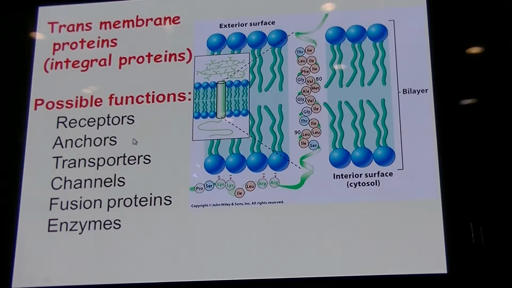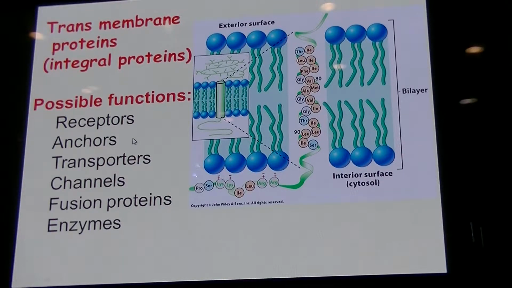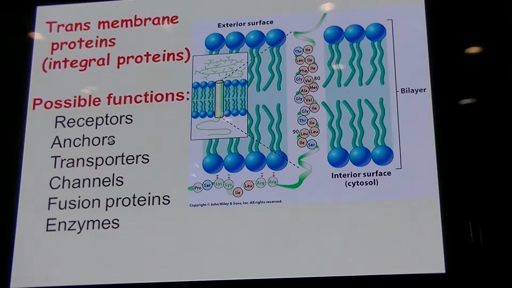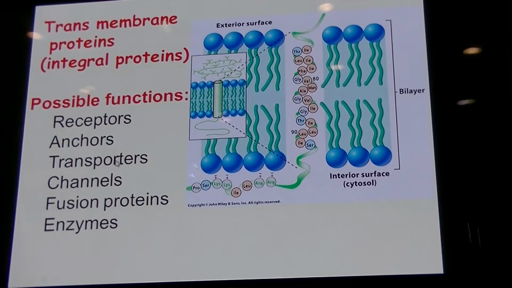We have receptors on the surface of our cells to which hormones can bind, and in this way cells of the body can communicate with the rest of the body. They can also be anchors keeping the cell in a certain place, attaching it to the extracellular matrix or something else on the outside of the cell, so you organize cells.